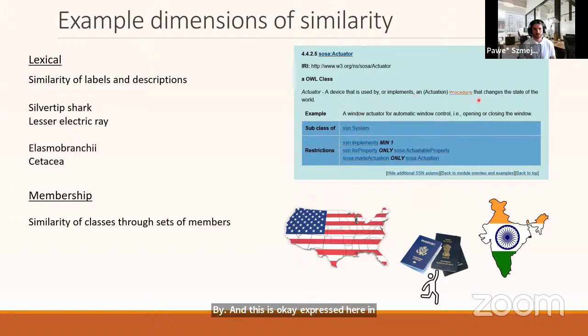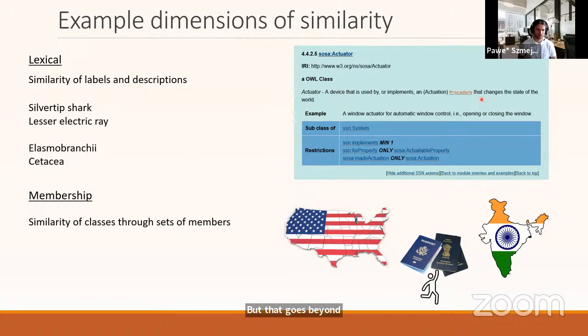And this is expressed here in the restrictions part. But if we read the description further, it states that it changes the state of the world. Now, technically, we could also create in our ontology an entity for the world and attach the property of being influenced by change coming from the actuator, but that goes beyond our domain.